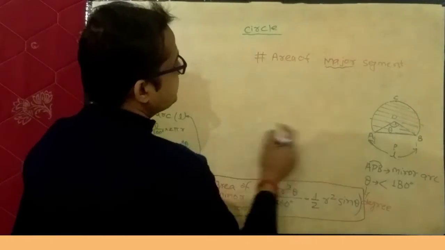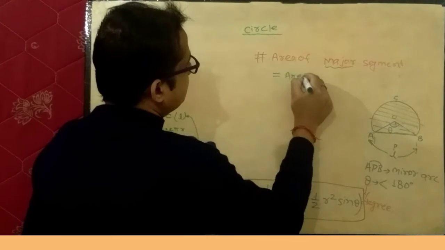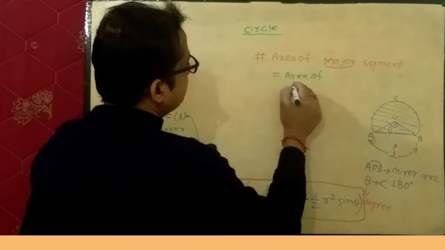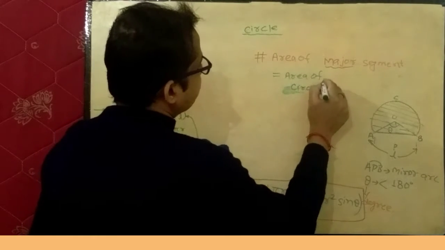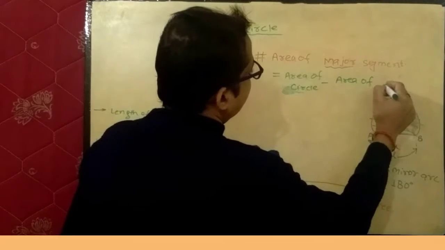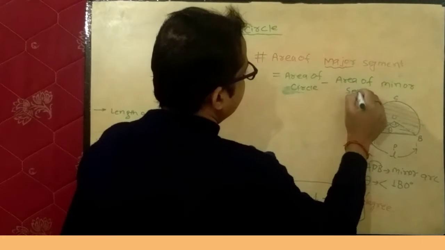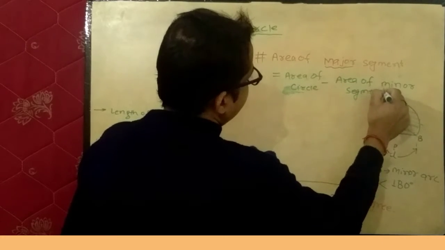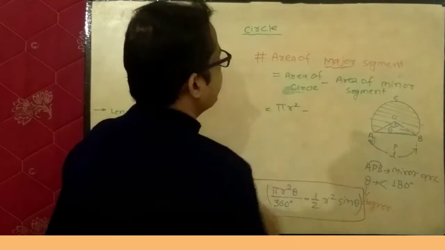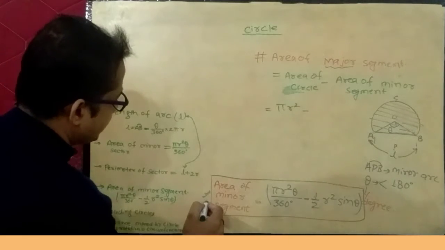Then area of major segment equals area of circle minus area of minor segment. Area of circle equals pi r square, minus the area of minor segment, which you have just calculated.